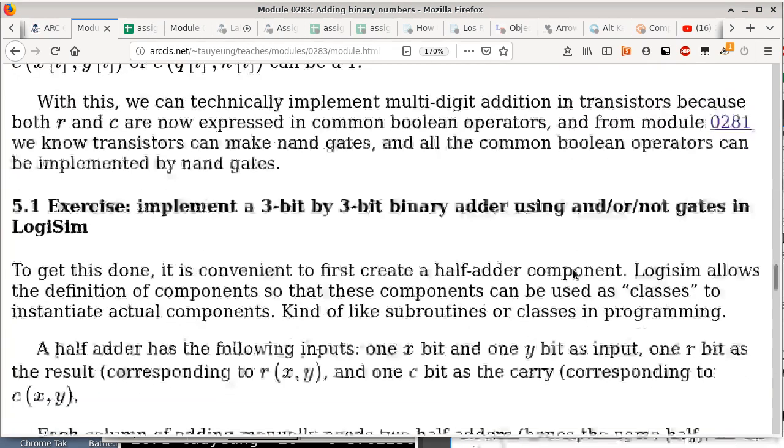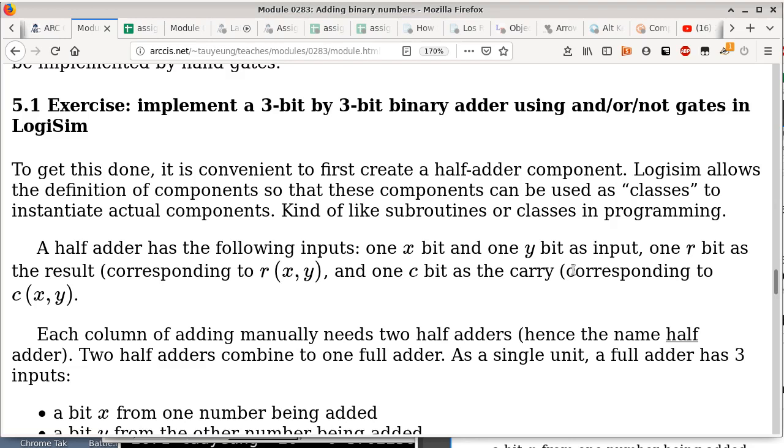So now we can move on and talk about implementing a 3-bit by 3-bit adder using just AND or NOT gates in Logisim. And there's a little bit of instruction with this exercise. I'm not sure how many people have started to work on this and how many people are interested in looking at the result of this.